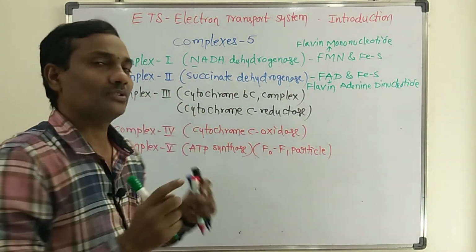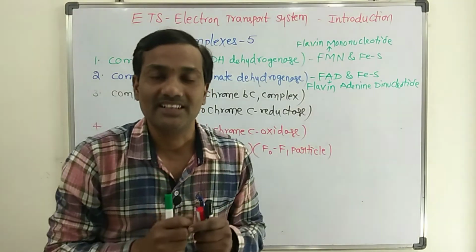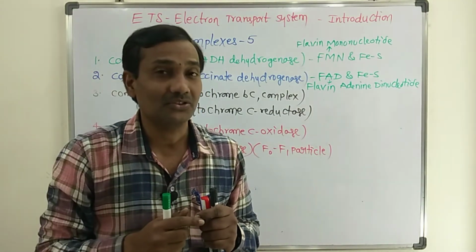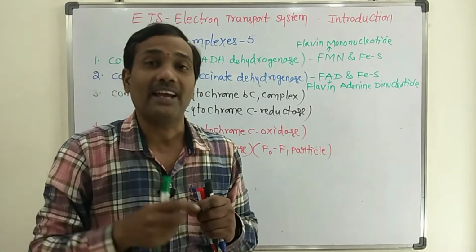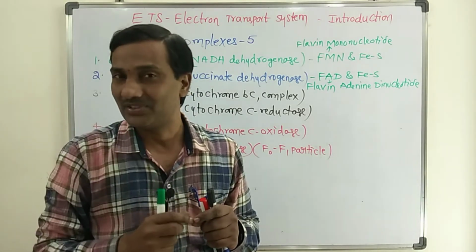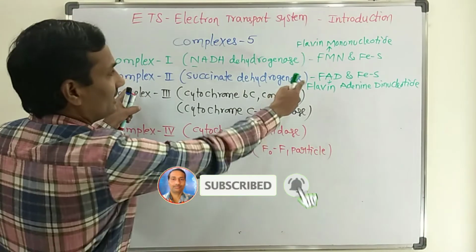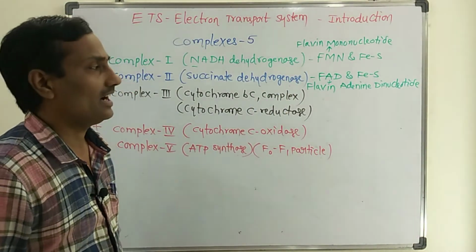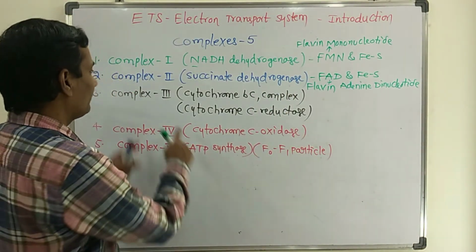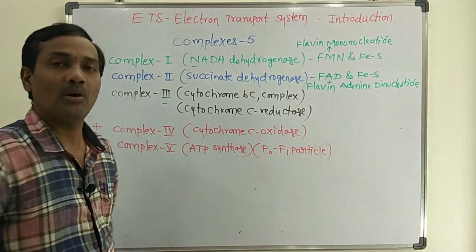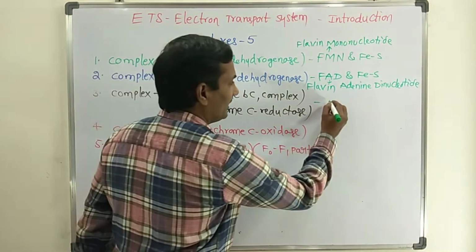This complex 2 helps in oxidation of FADH2, which is formed at the 8th step of Krebs cycle or citric acid cycle. So here it consists of FAD and iron sulfur protein.